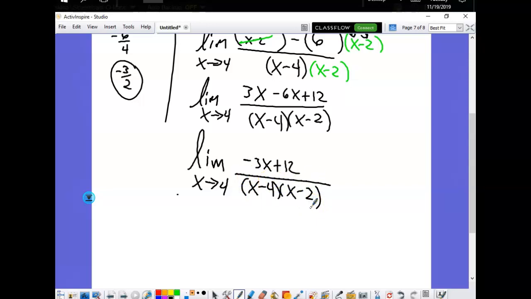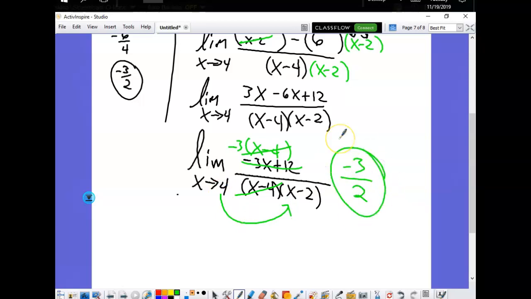Okay, Christian, what's next? Factor the top. We could take out a -3. If I do that, I'm left with x minus 4. And then that cancels that. And then we plug in our 4. So you have -3 on the top, and you plug in 4, you get 2 on the bottom. There it is.